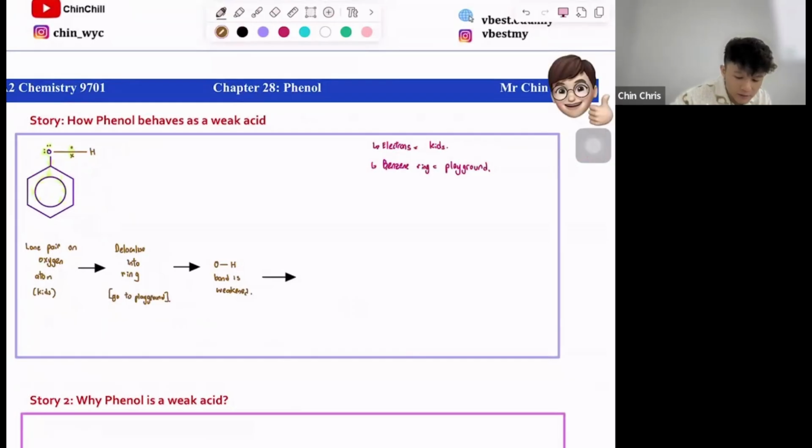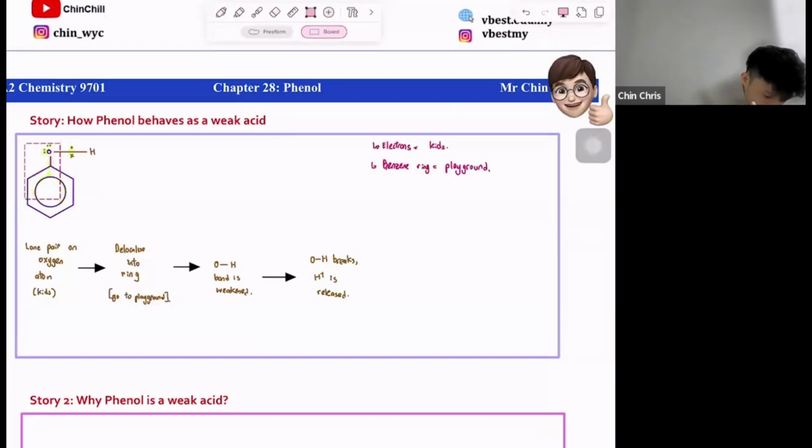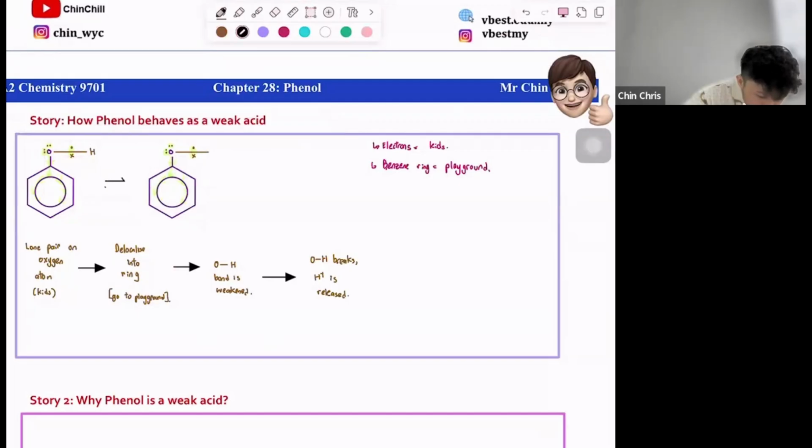Do you see that it breaks? So right now, you see, this entire phenol will turn into a phenoxide ion.